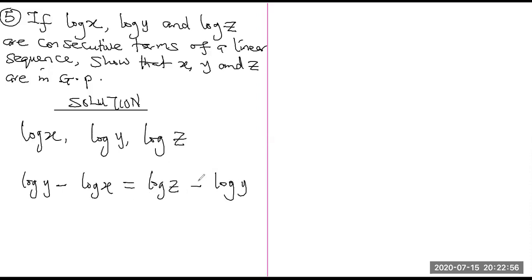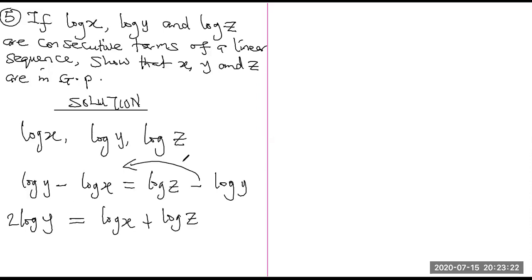All right, if you collect like terms, minus log y will come over and become plus, so you're going to have 2 log y is equal to log x plus log z. I hope you know how I got to 2 log y. When this one comes over here, it becomes plus, so log y plus log y is exactly the same thing as 2 log y.